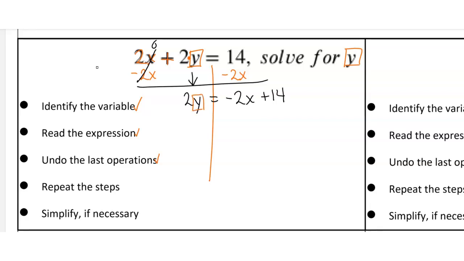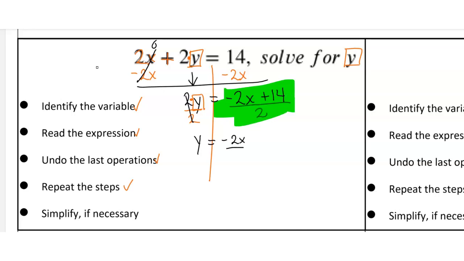We're not done yet. The y is not isolated, so we start again. We're repeating our steps. 2 times y. So the inverse of multiplying by 2 is dividing by 2. We get y is equal to this expression over here, but we're going to separate it.